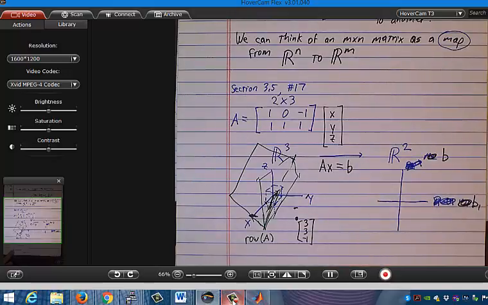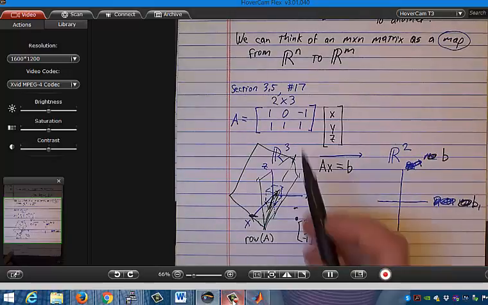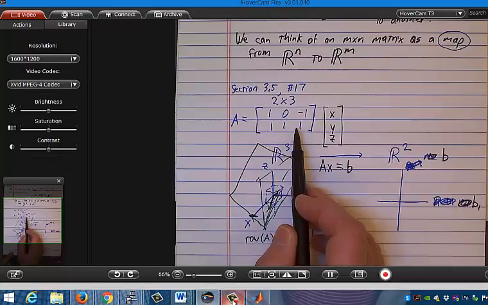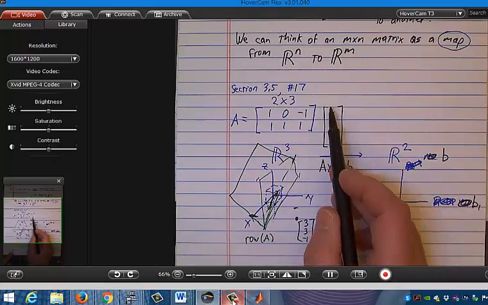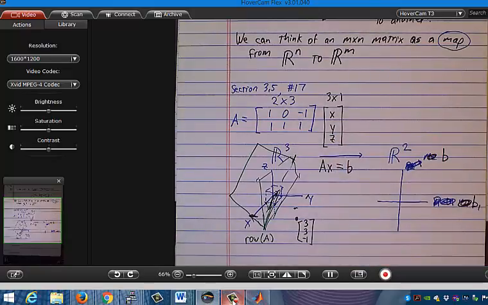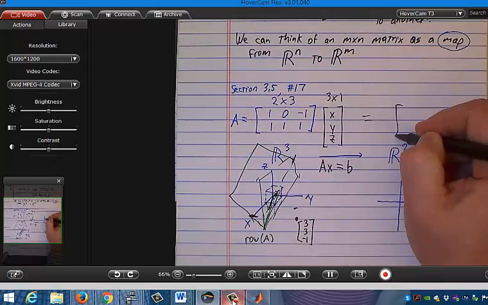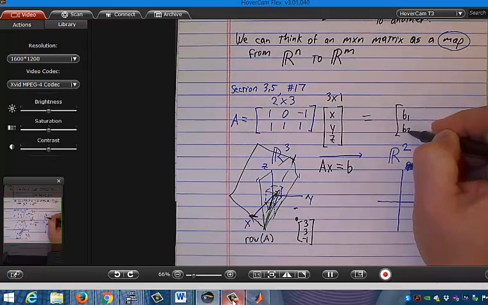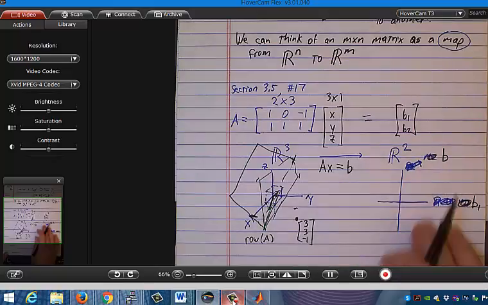If you think about it, I have a 2 by 3 matrix, and I'm going to multiply by a point. That's 3 by 1. I'm going to get a 2 by 1. It's going to be some point in R2.